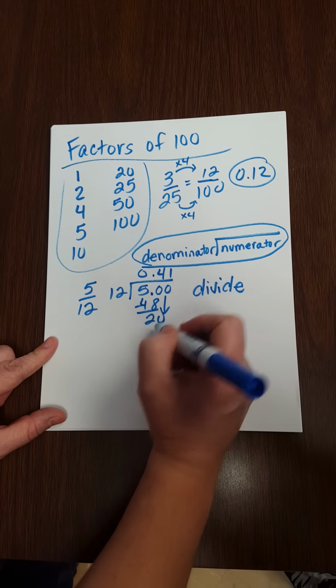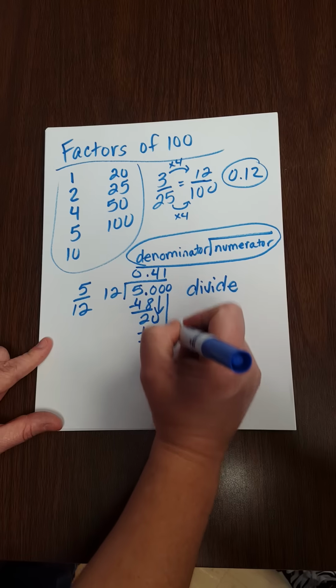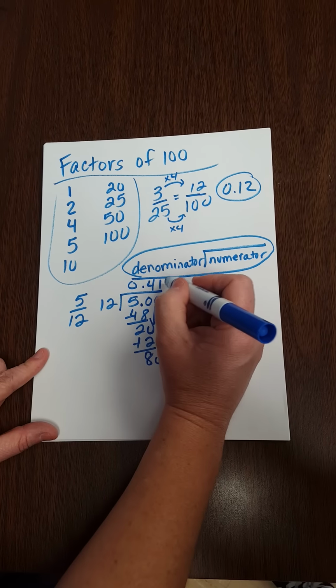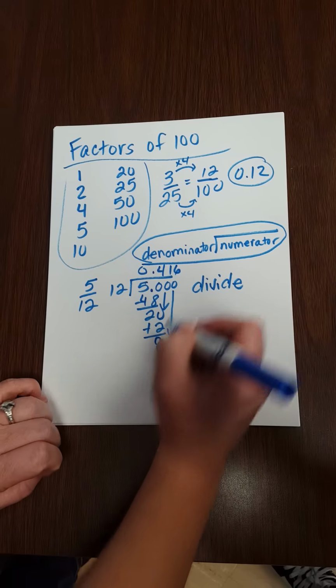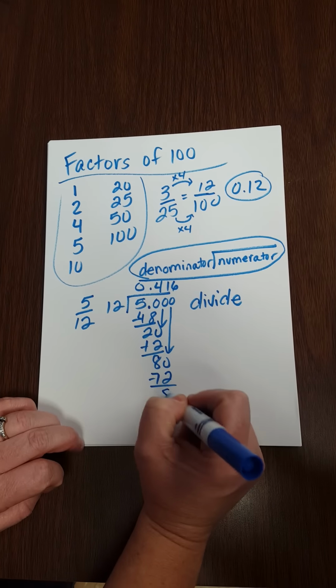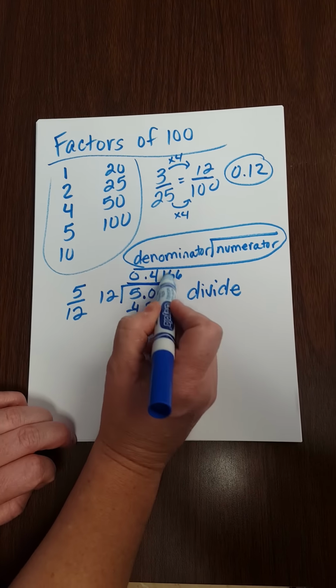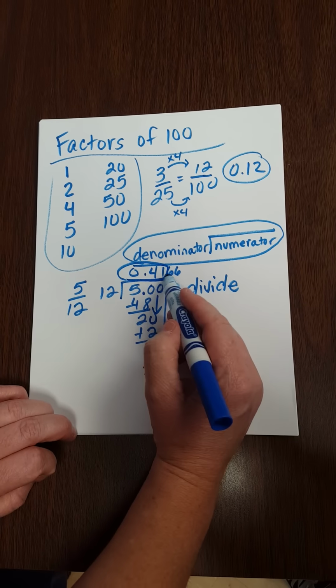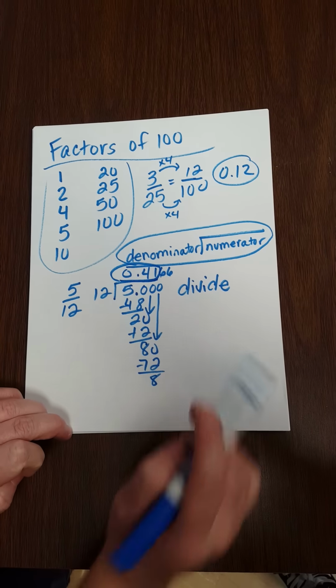So 12 times 1 is 12. Now subtract and get an 8. I could add a 0 right here. 12 times 7 will be 84, so 12 times 6 is 72. So it would keep going. It'd be another 6 there, right? But we could just call that 0.41, or we'd round and say 0.42. But you always just divide. Top dog goes in the house, okay?